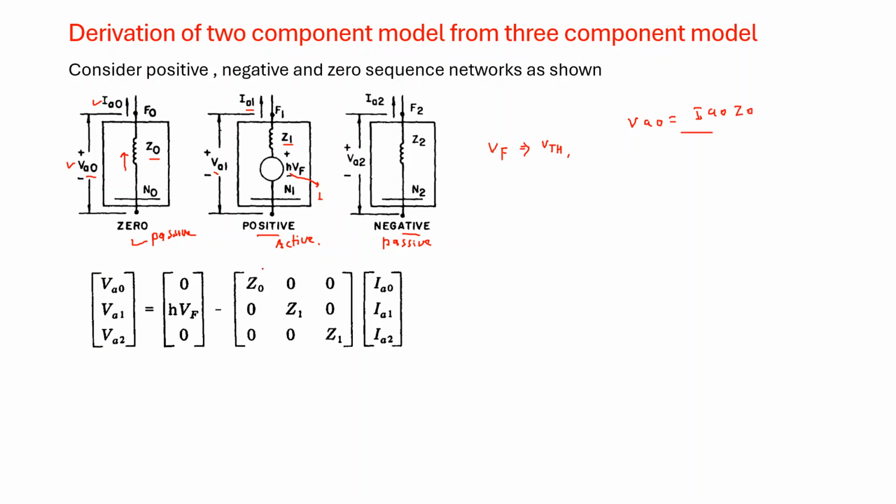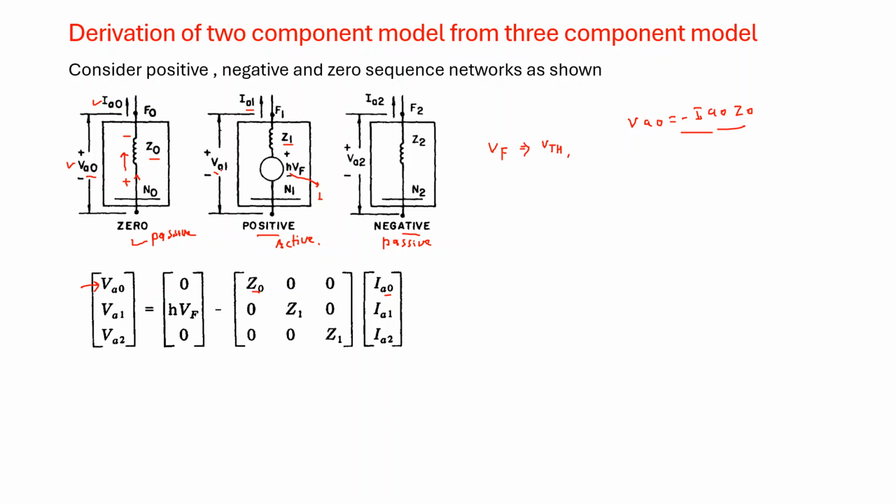This equation is written here in matrix form. V0 is equal to 0, and it is minus because the current is flowing from top to bottom, so you have positive here and negative here for the voltage drop. So you get minus Z0 into IA0, and this equation is put in this matrix form.